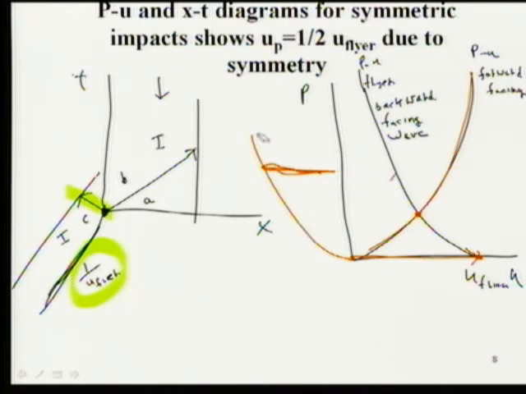So basically, this is a mirror image, and if it's a mirror image, that means this particle velocity, from here to here, this UP, is exactly equal to this UP.